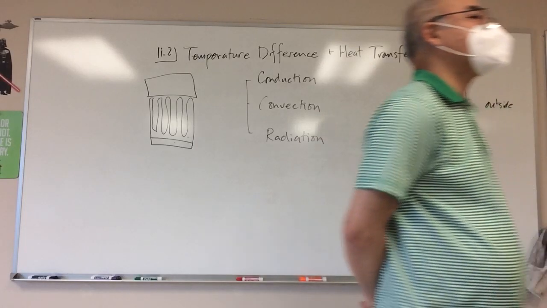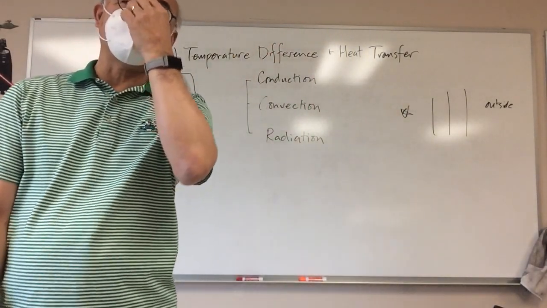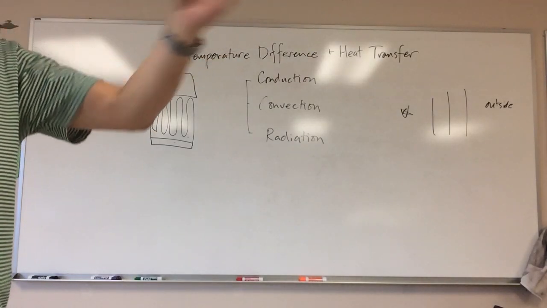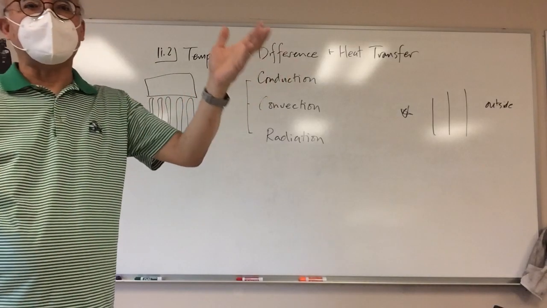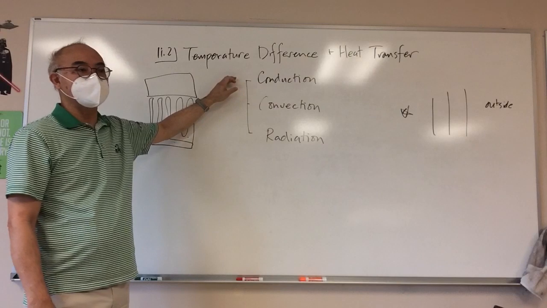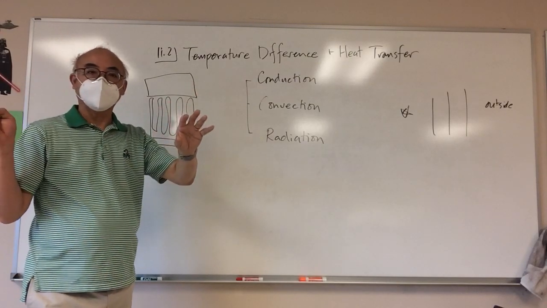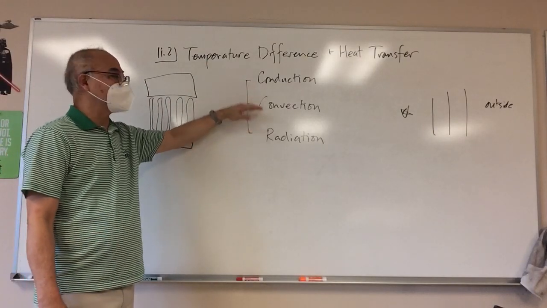It's basically like you have a heat source like a stove, and it's heating the middle of the room, just blasting heat out. You're not forcing the air around, so it's not convection. It's not conduction because it's not within the same material. It's just radiating heat out. So that's the difference between these three.